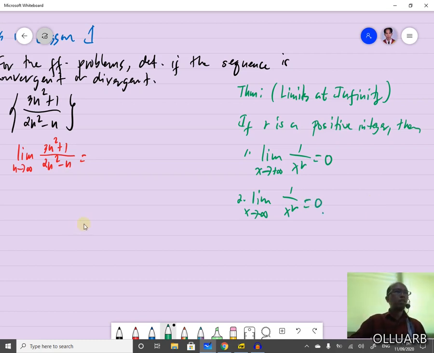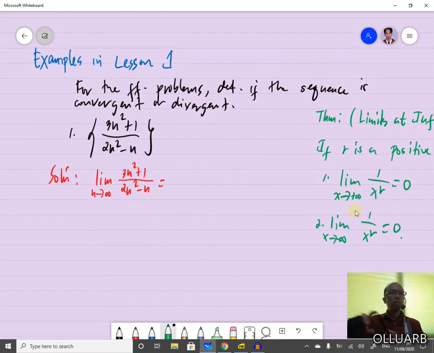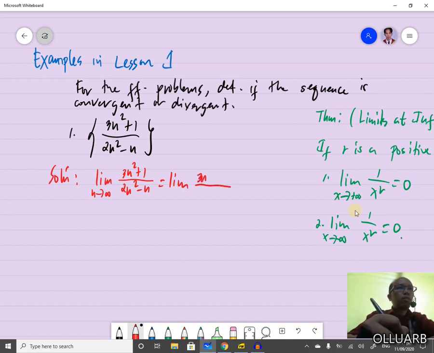Anyway, I know you are familiar with it. So let's continue solving this. 2n squared minus n. We have to multiply by 1 over n squared as n approaches positive infinity.